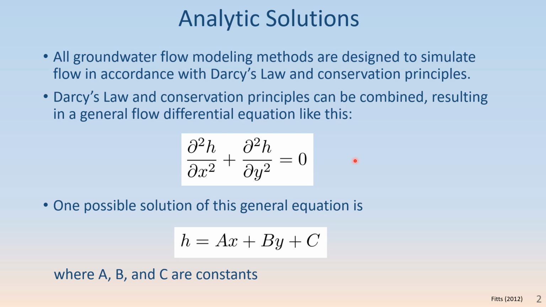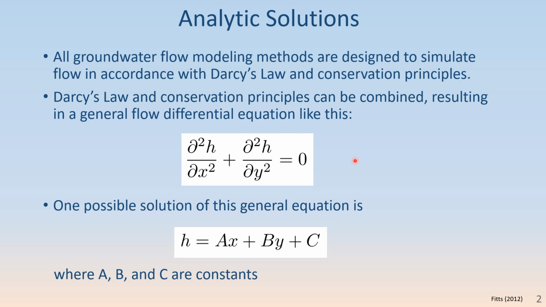And in that, H is hydraulic head, X and Y are the coordinates within the two-dimensional plane. This is a general flow equation for two-dimensional steady-state flow in an isotropic homogeneous medium. And mathematicians know this equation as the Laplace equation, and you've probably seen it in textbooks on groundwater flow.